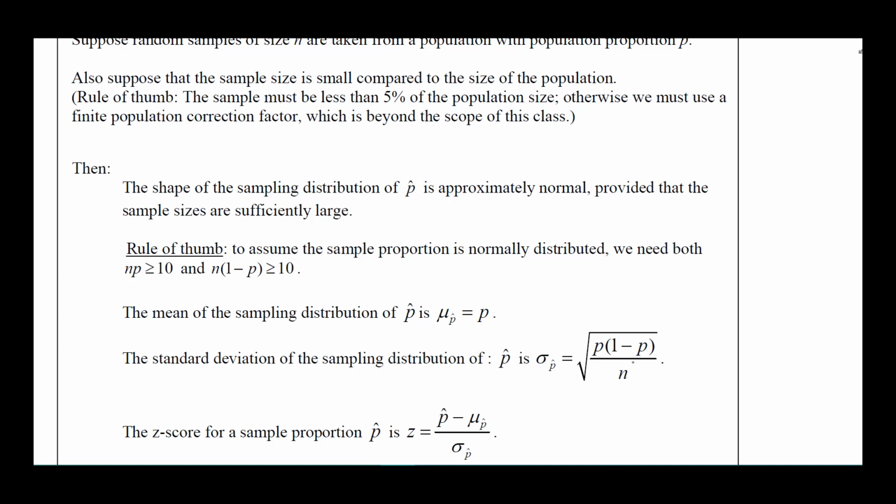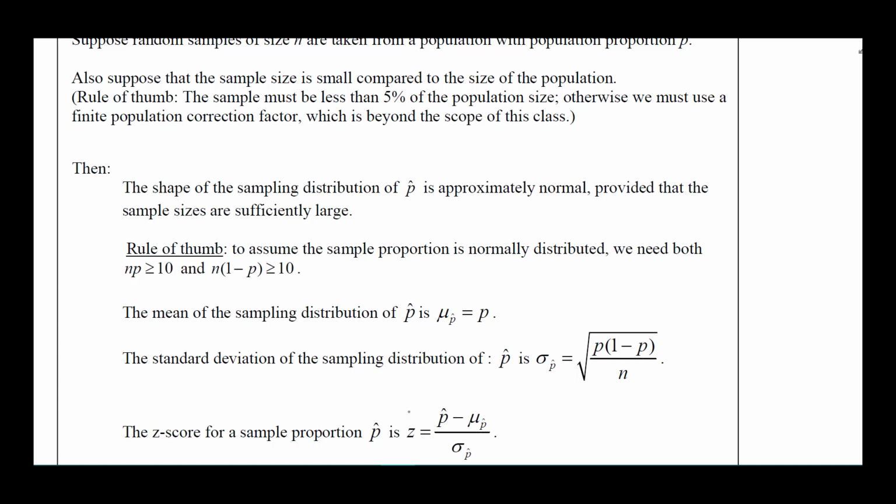And when you see p and 1 minus p, you may be thinking about probabilities, because remember, the probability of a complement is 1 minus the probability of the original event. And sure enough, that's the same idea here. Basically it's the probability of the characteristic times the probability of the complement of the characteristic, and then divide that by n, and then take the square root.